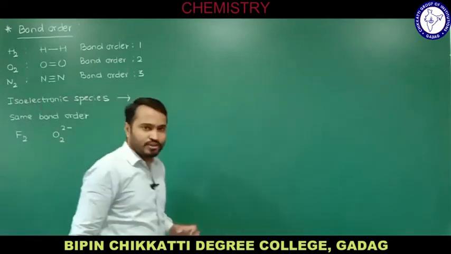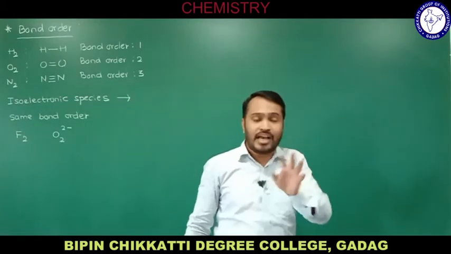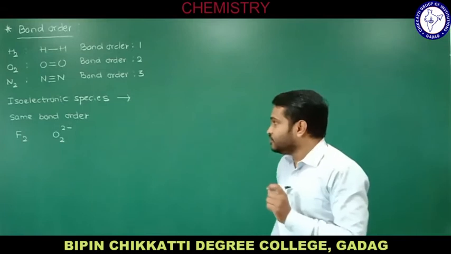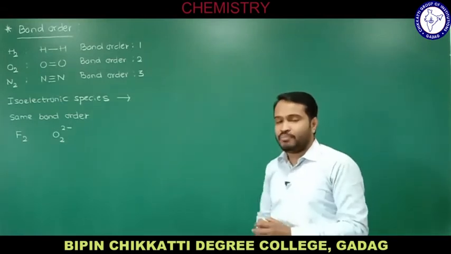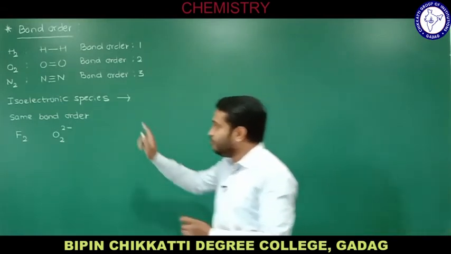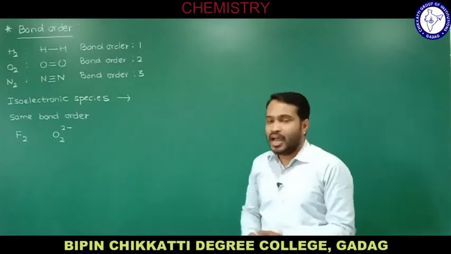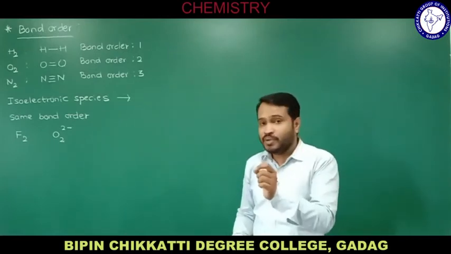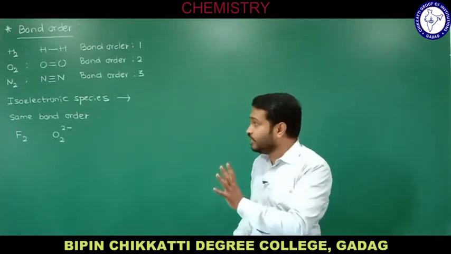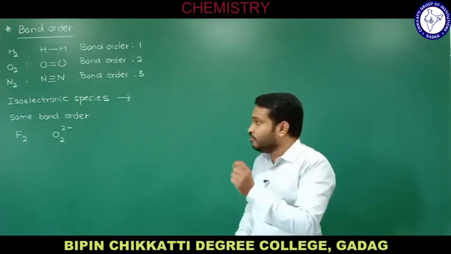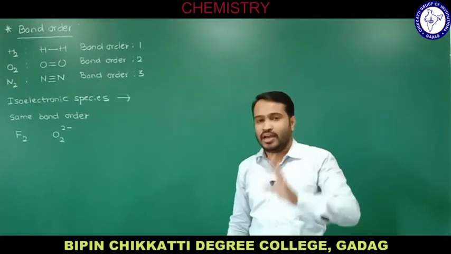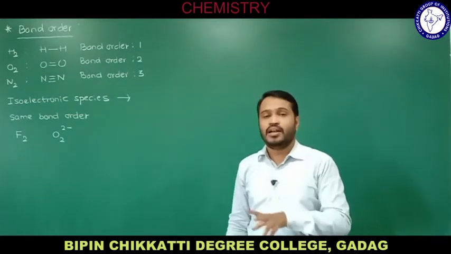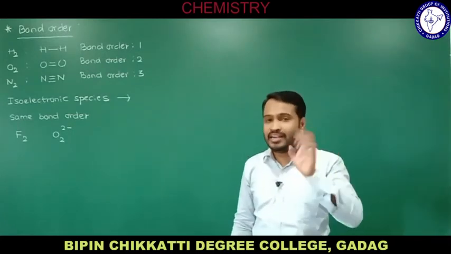F2 is a molecule and O2 2 minus is an ion, in particular an anion. The bond order in F2 is 1 and the bond order in O2 2 minus is 1. We can calculate bond order using a suitable formula, but these two are isoelectronic species, and isoelectronic species have identical bond order.